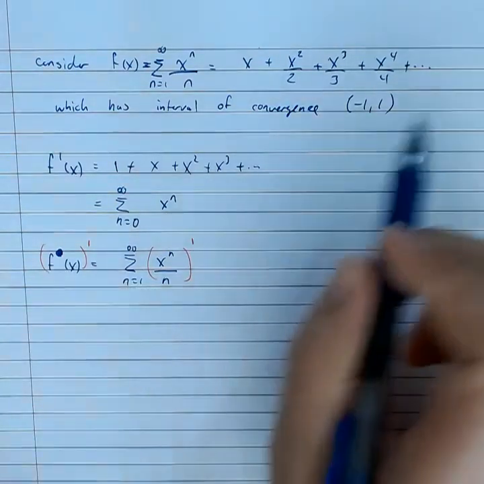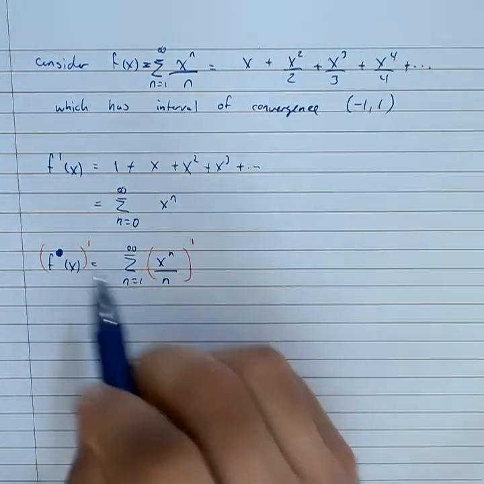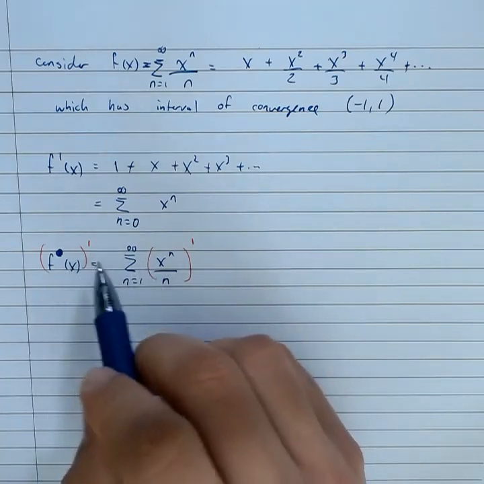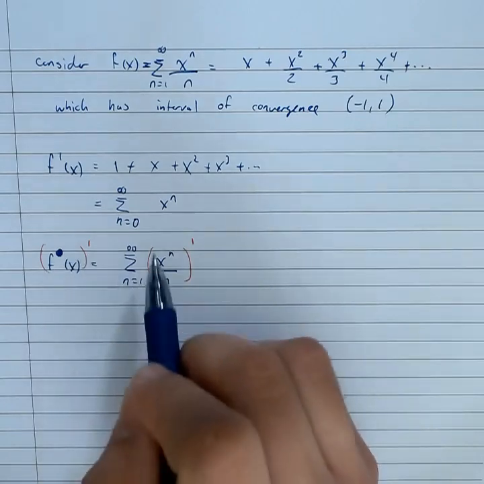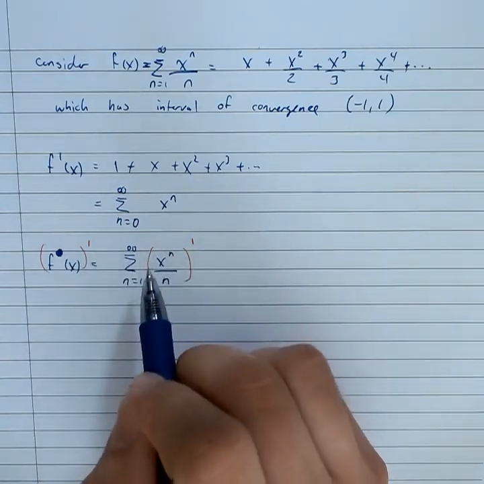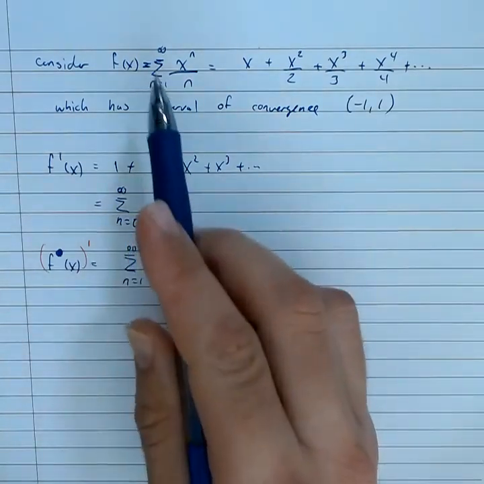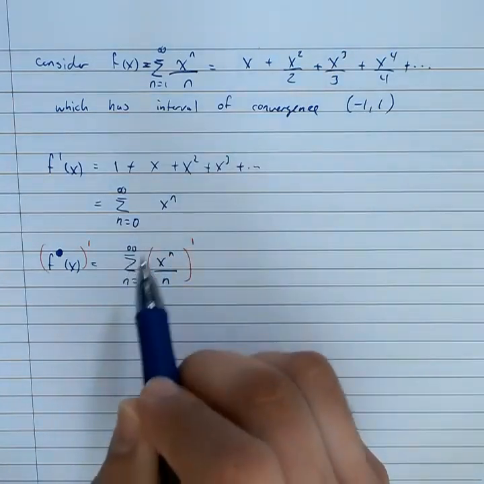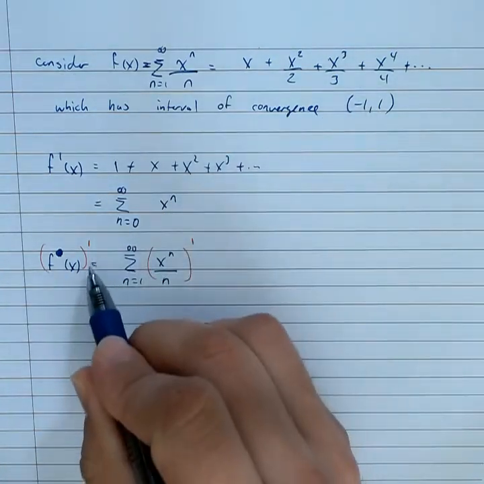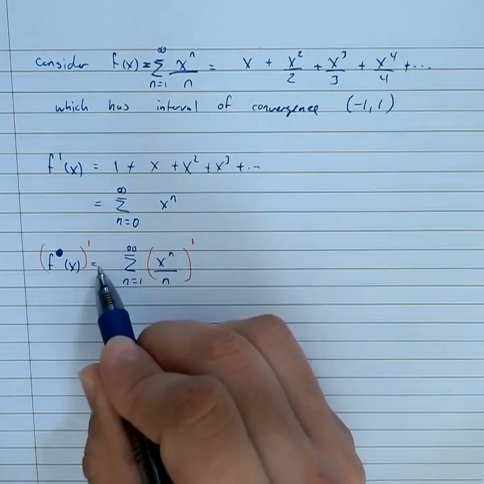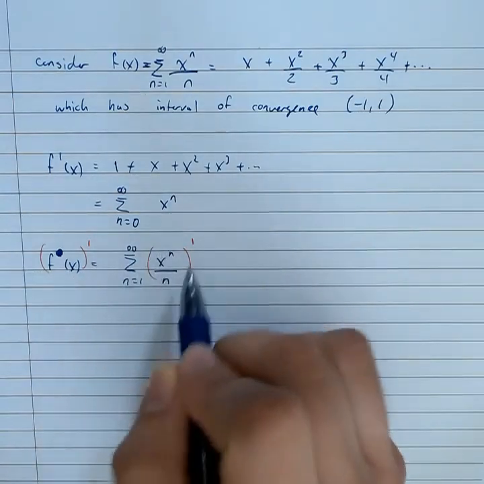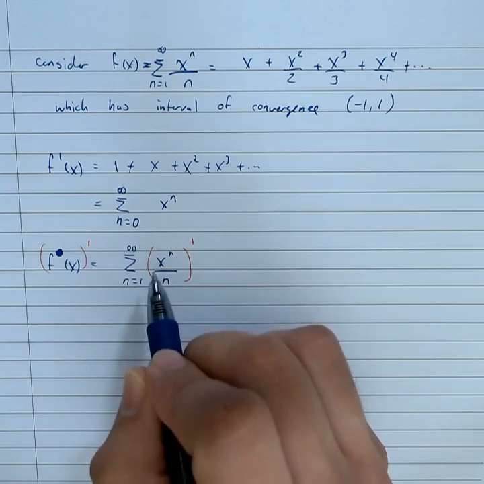This is why convergence is important. If this doesn't converge, then this equal sign is nonsense, right? That's why we have to stay in the interval of convergence. F of x can't equal something that's infinite. It's got to equal a finite value.